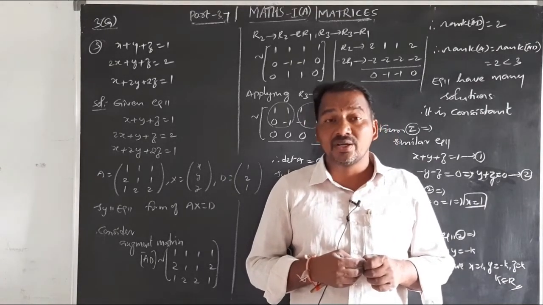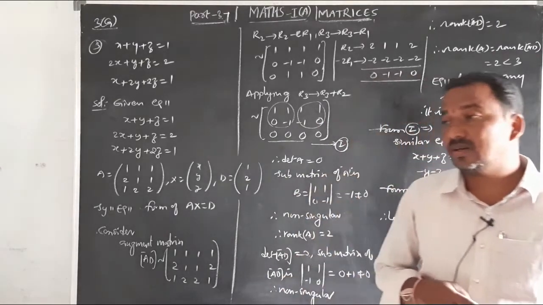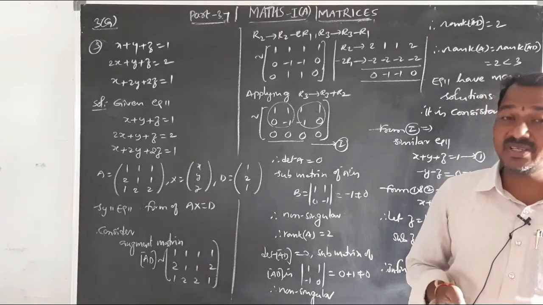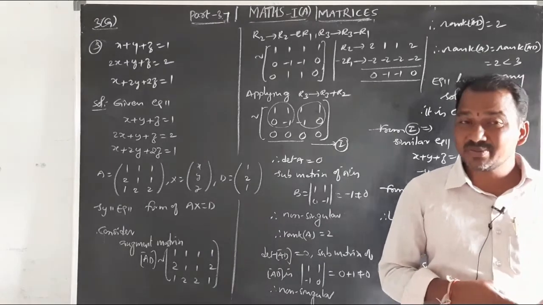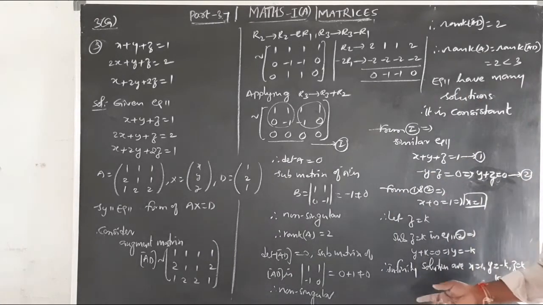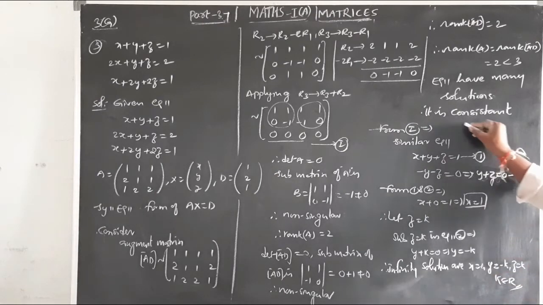If rank of A is not equal to rank of AD, then it is called no solutions, which means inconsistent. No solutions means inconsistent, solutions means consistent. So infinity solutions is consistent, and unique solution is also consistent.